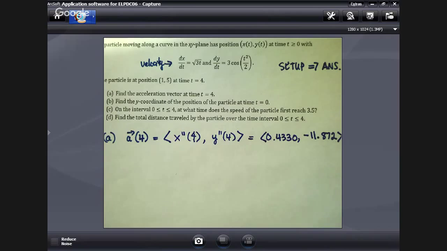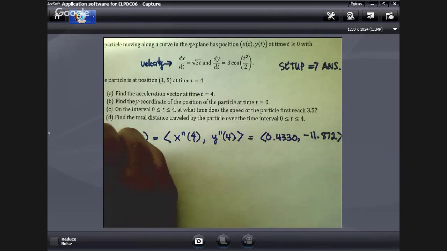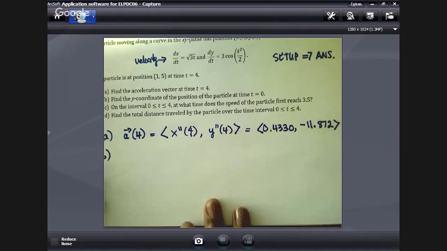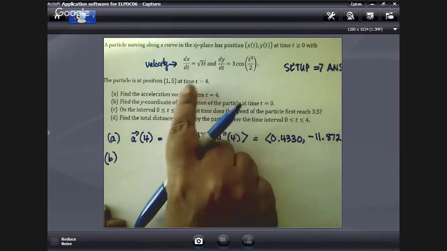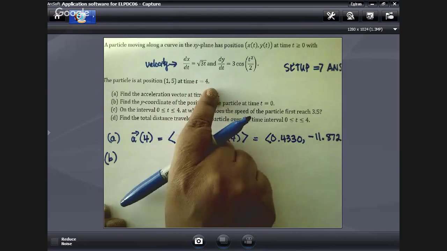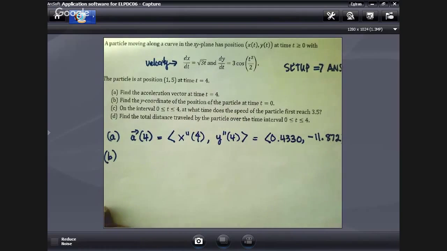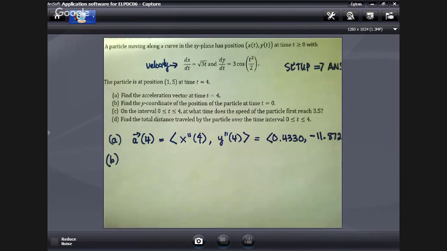In part B, now they want me to find the y-coordinate of the position of the particle at time t equals 0. Notice that they gave me the position at time t equals 4. So this is where you need to know the fundamental theorem of calculus very well.